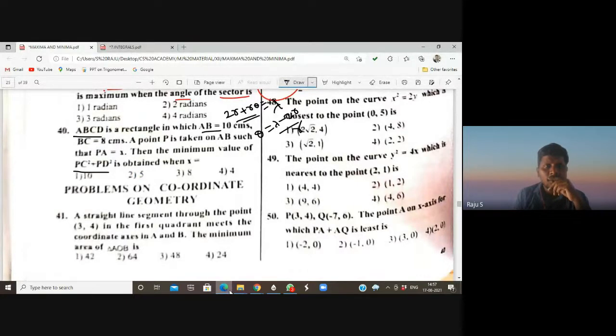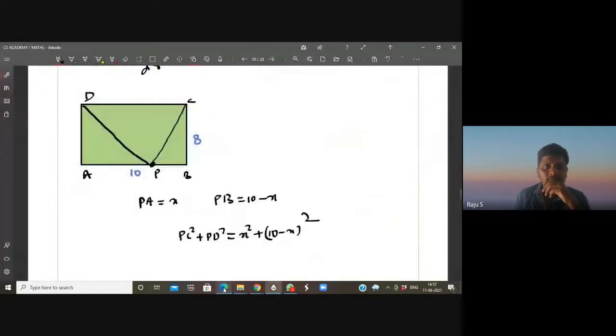Then how can we take PC square plus PD square? We can write like this. This is clearly X, this is 10 minus X, this is 8, and overall this is 10.